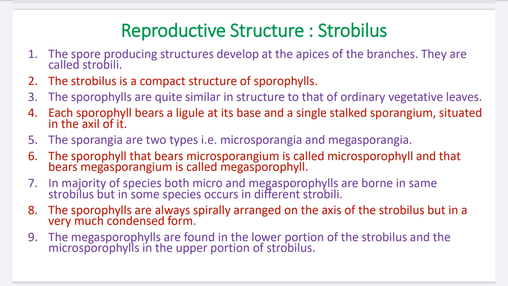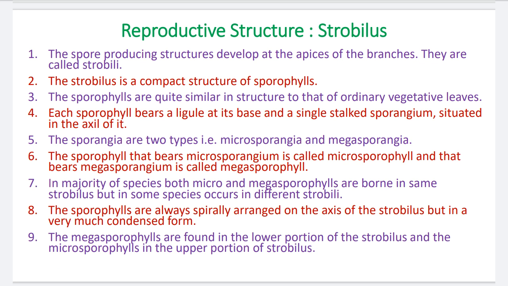Number 7, in the majority of species both micro and megasporophylls are borne in the same strobilus, but in some species they occur in different strobili. So there is some variation in the production of micro and megasporophylls.